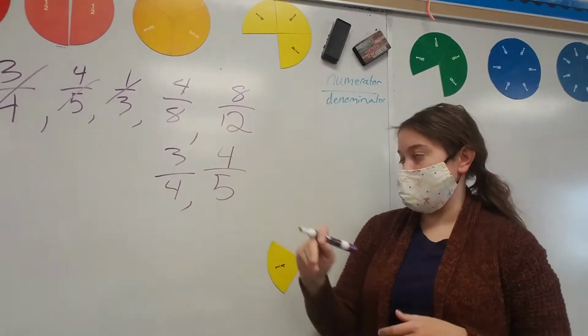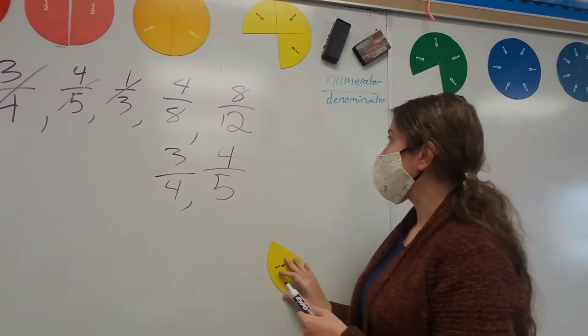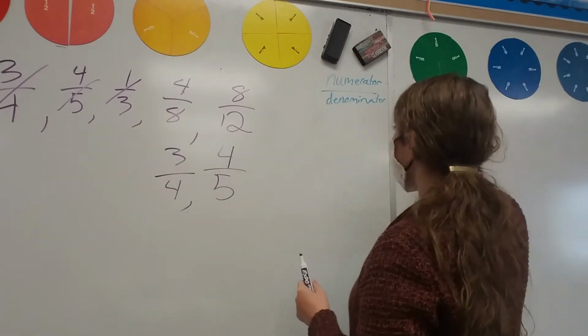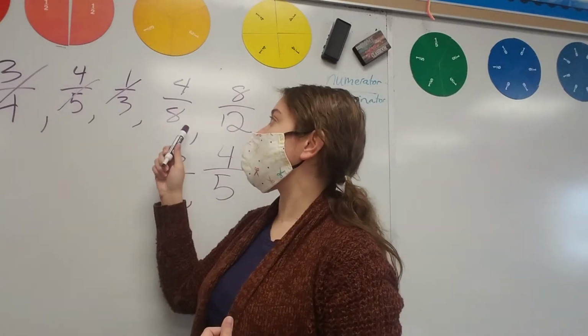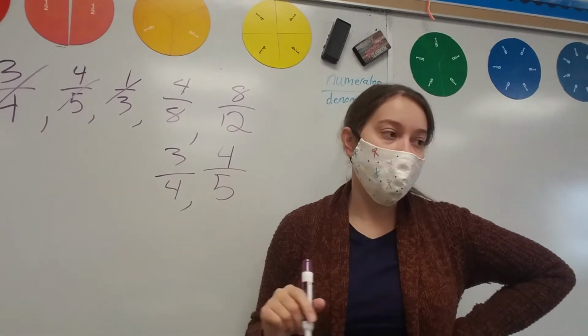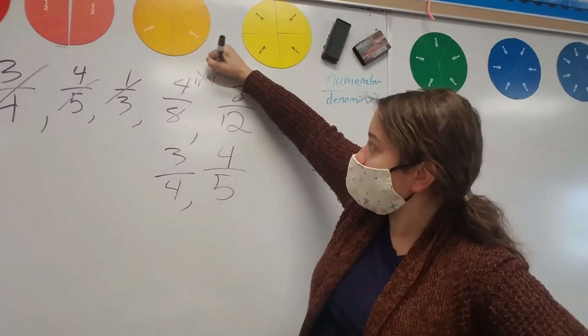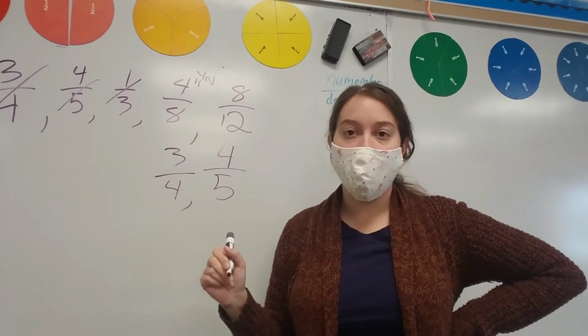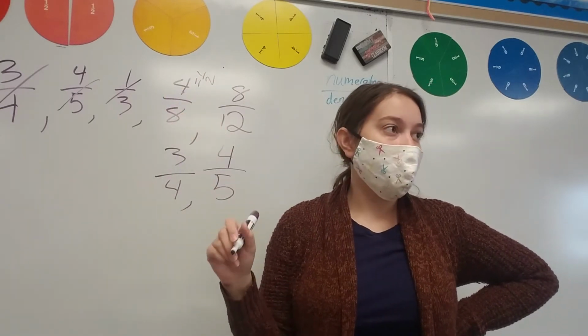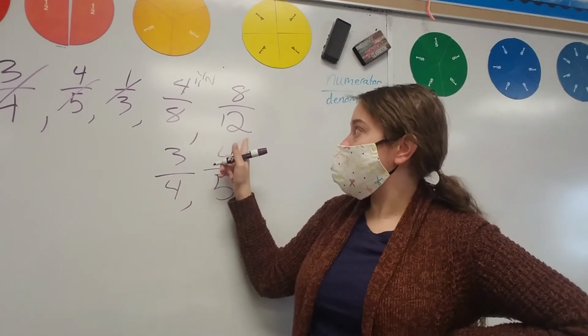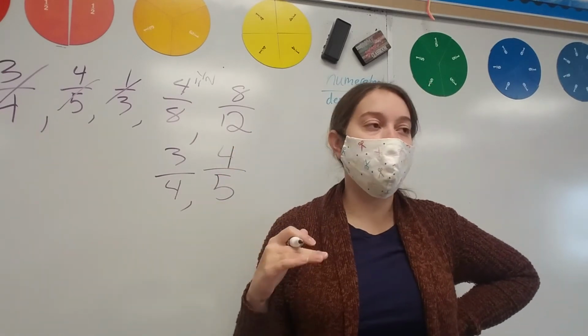Now, we have 4/8 and 8/12, okay? Now, one thing I want us to do is, what can you make 4/8 into? A half, right? This equals 1/2. 4 is half of 8, right? Now, I want to simplify this, okay?